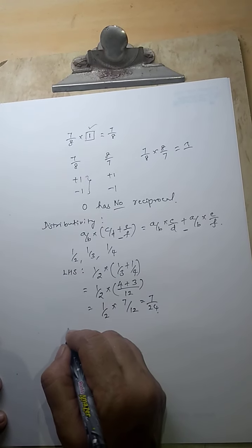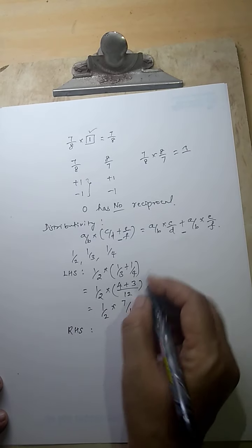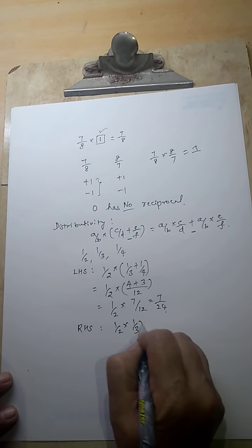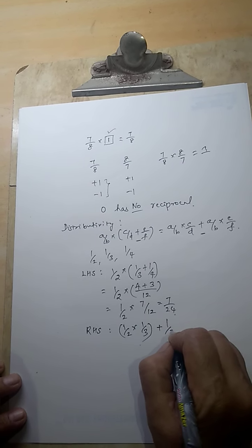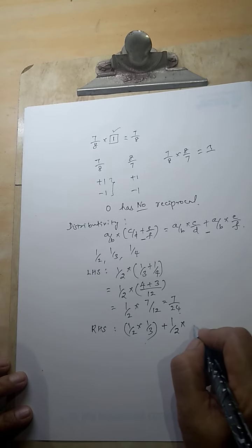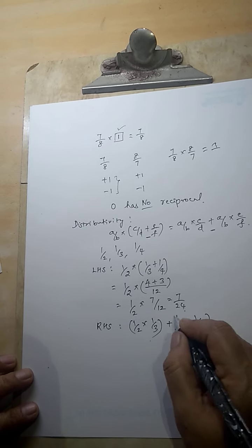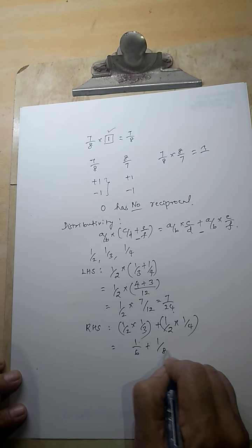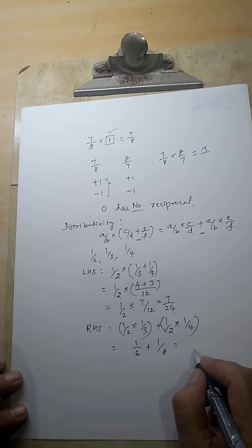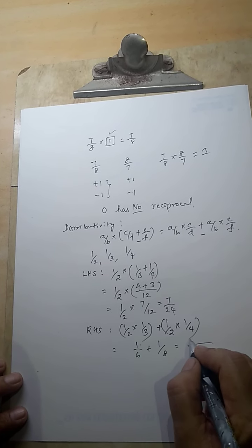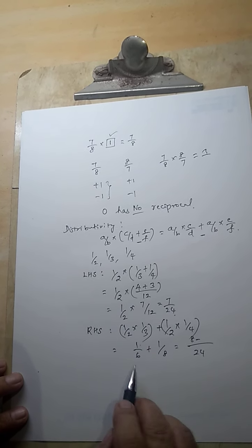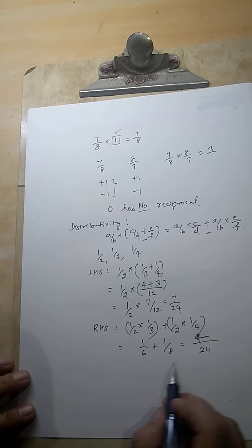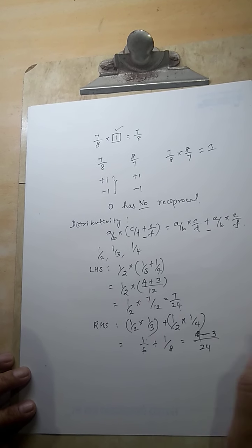Right. Now I go for my RHS. In the case of RHS, it is 1 by 2 into 1 by 3 plus 1 by 2 into 1 by 4, right? So it becomes 1 by 6 plus 1 by 8. Now I take the LCM for 6 and 8 as 24. There are 4 sixes in 24, so 4 into 1 gives me 4, plus there are 3 eights, so 3 into 1 gives me 3.